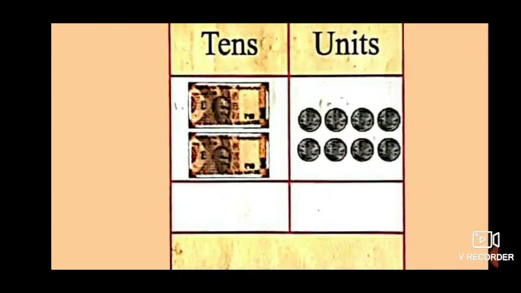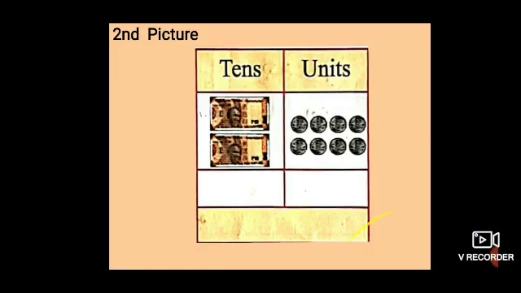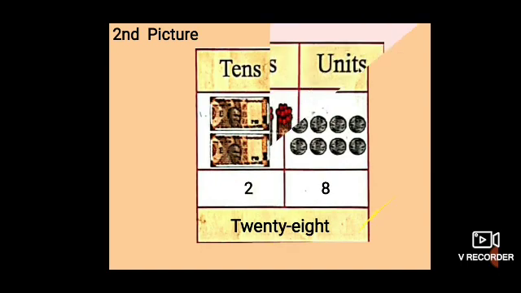And in units, how many 1 rupee coins can you see? 1, 2, 3, 4, 5, 6, 7, 8. So 2 we are going to write in tens place, and in units 8. 28. In words, TWENTYEIGHT 28.